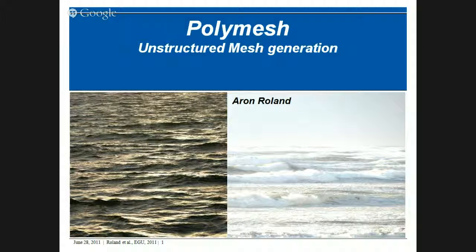I showed you how to edit the mesh once we have it, but first to create the mesh, and this is also what we do this afternoon. What we will be using here is this tool called Polymesh, which is developed by Aaron Roland. There are other tools that exist, they have their benefits and some drawbacks, but you can try something else.